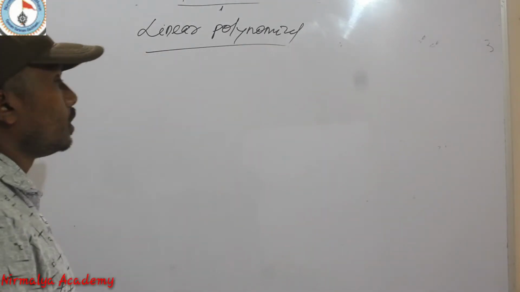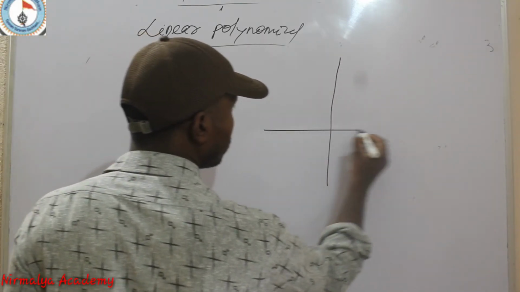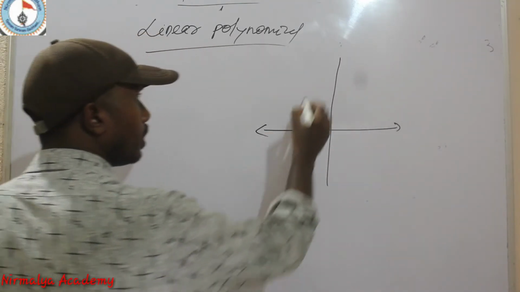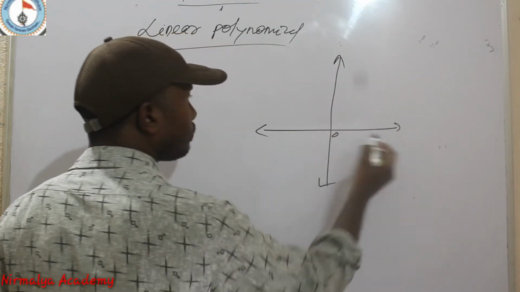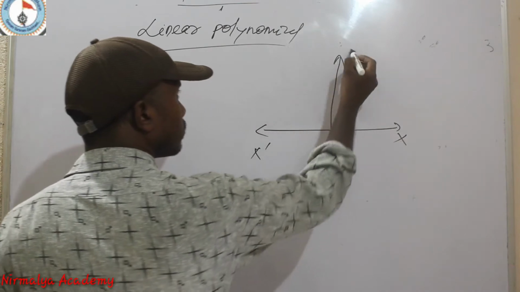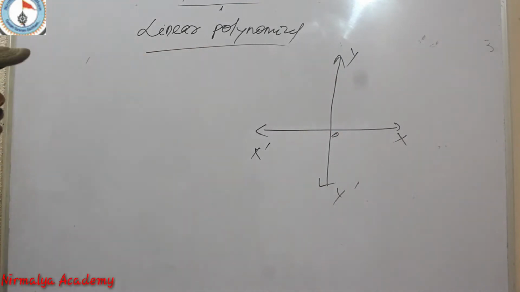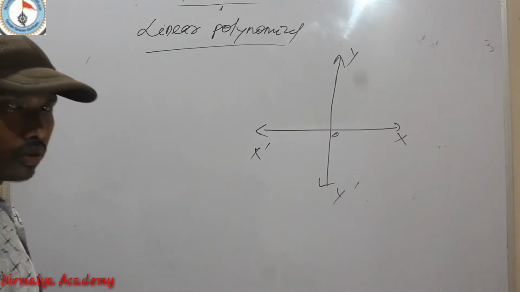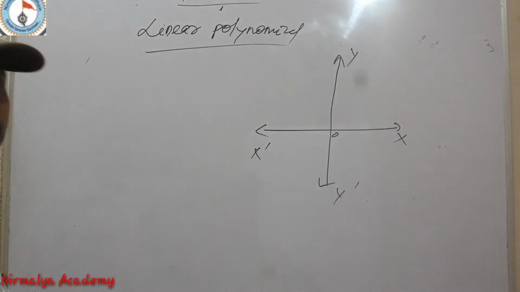If we see its geometrical representation, we should try to understand it with the help of an example.